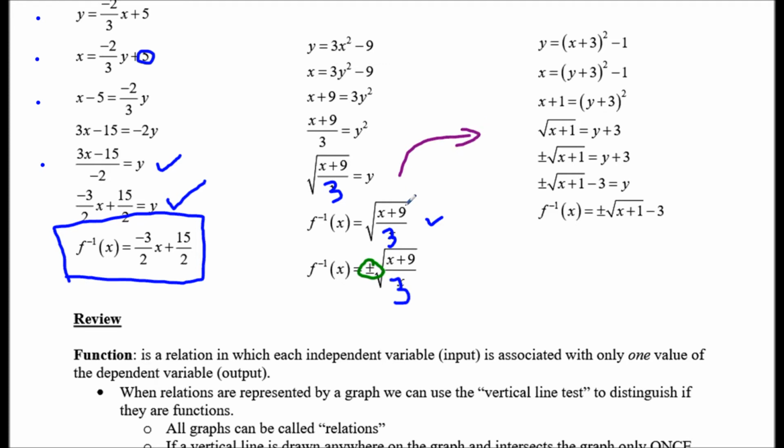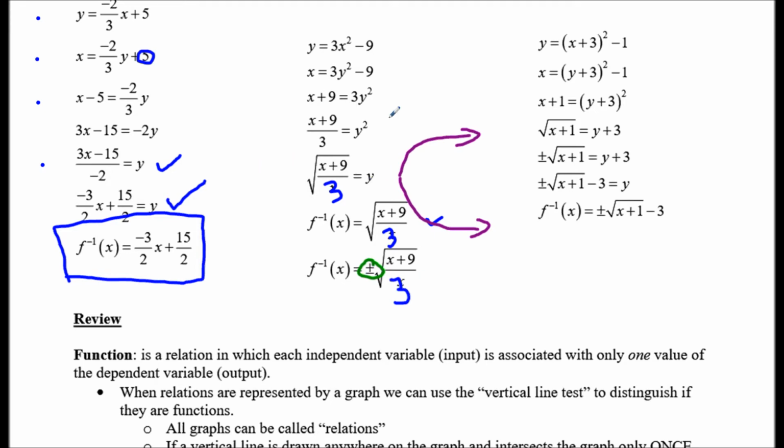And there should be a bottom half of the equation. To get the bottom half, you must write plus and minus. So when doing an inverse and you get rid of a square, you must have a plus minus in front of your radical sign. That will then allow the calculator to correctly graph the inverse, which looks like that.